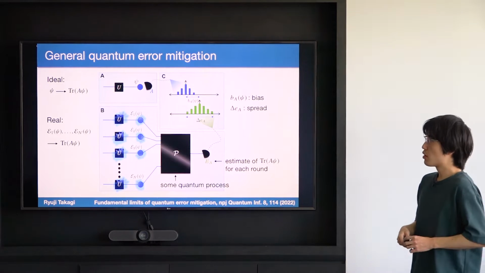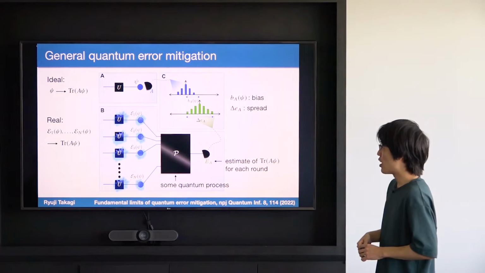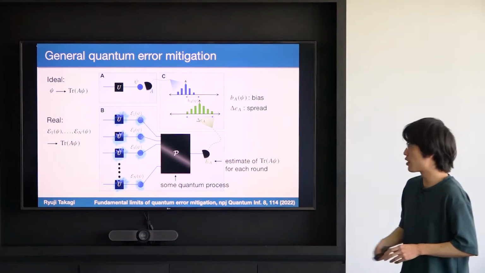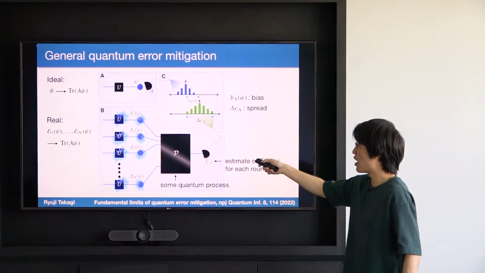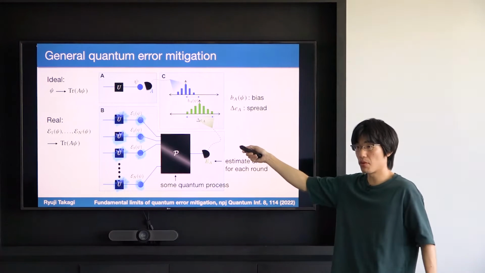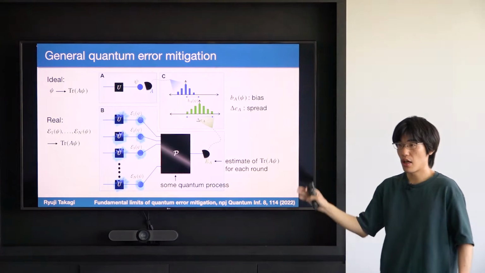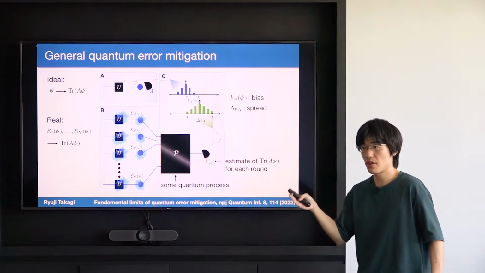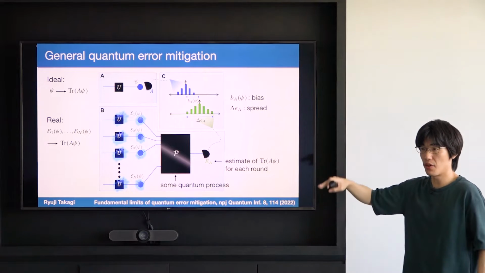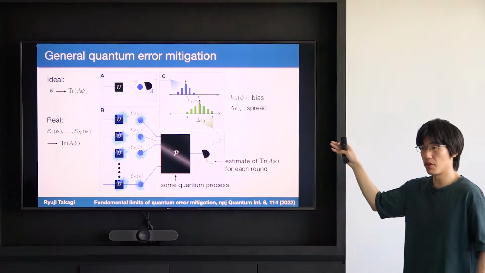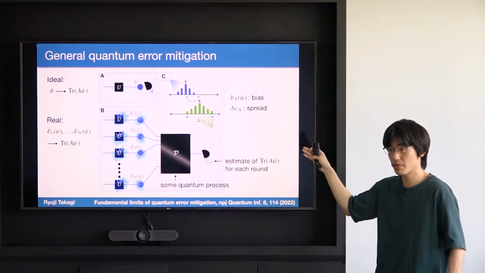Is that correct? So you don't fix psi, in the sense that I also allow different input states on the ideal circuit. If you input a different input state, then you might have a different ideal output, say phi.